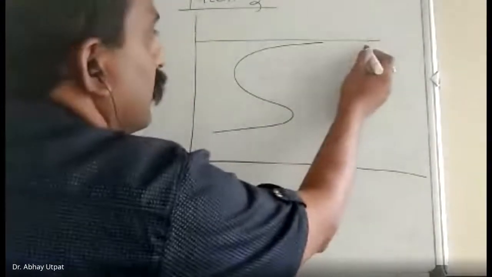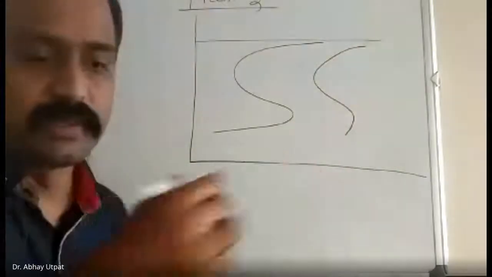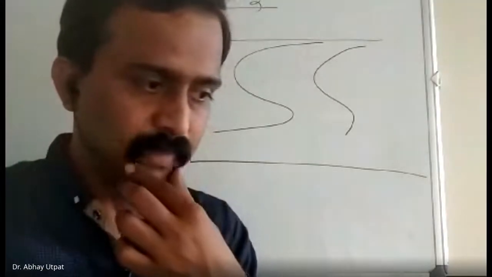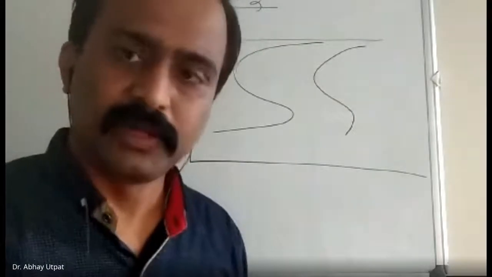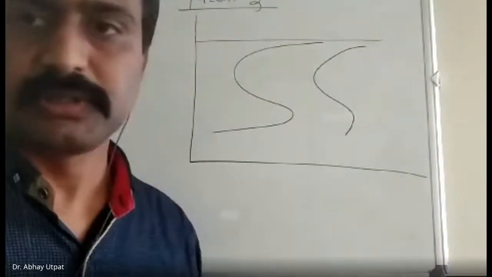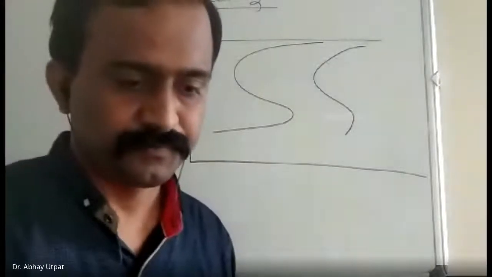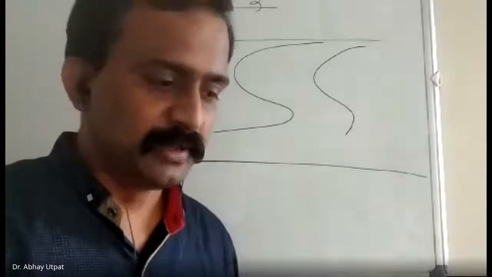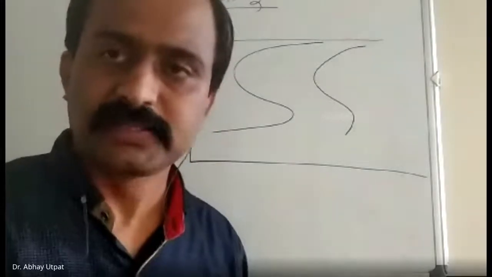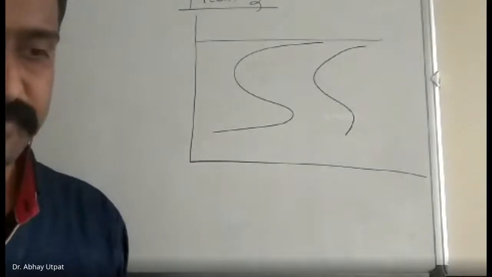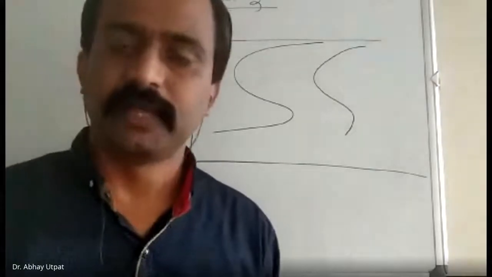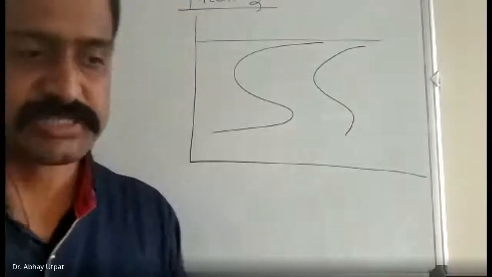Next line. Isothermal annealing only gives pearlite structure, whereas patenting gives fine pearlite plus upper bainite and has better strength than annealed structure.